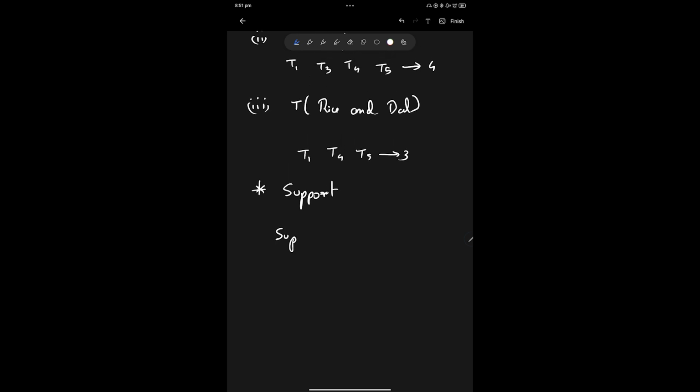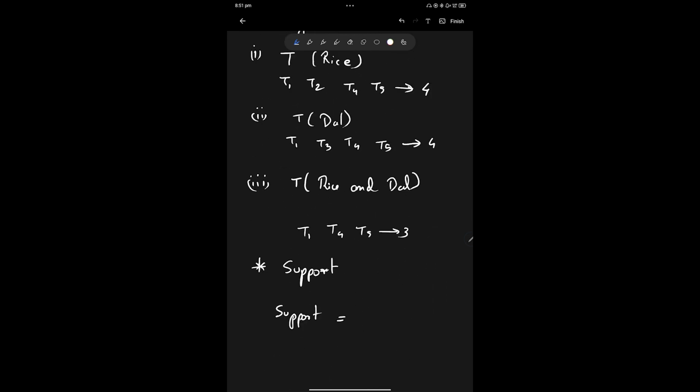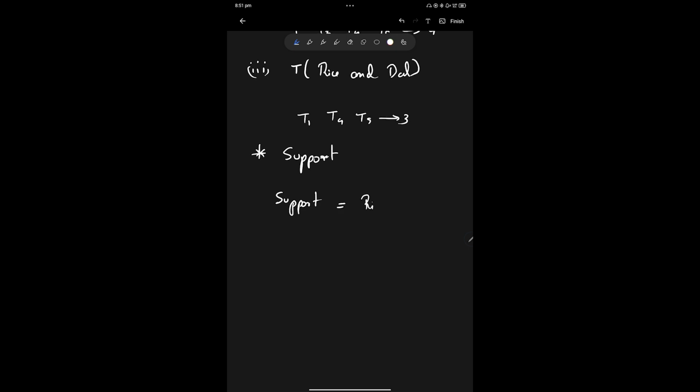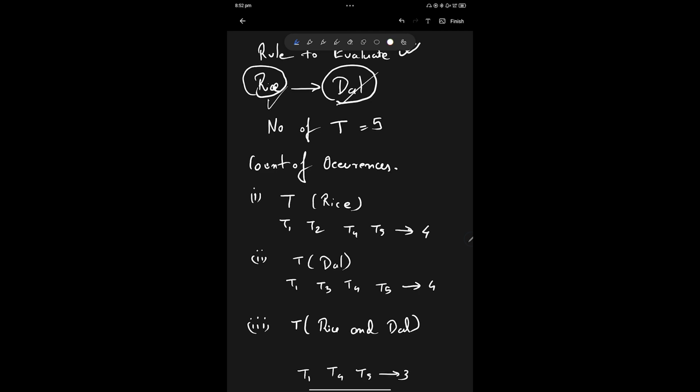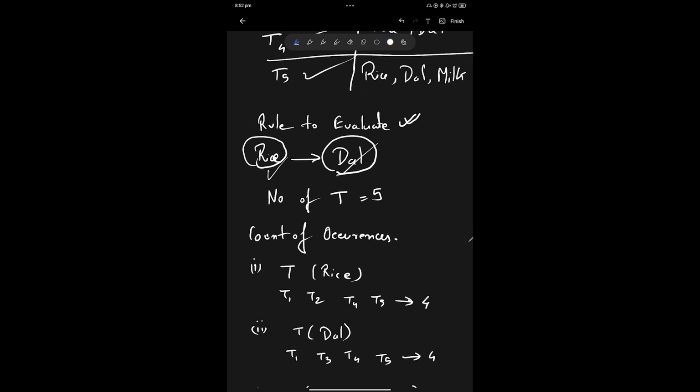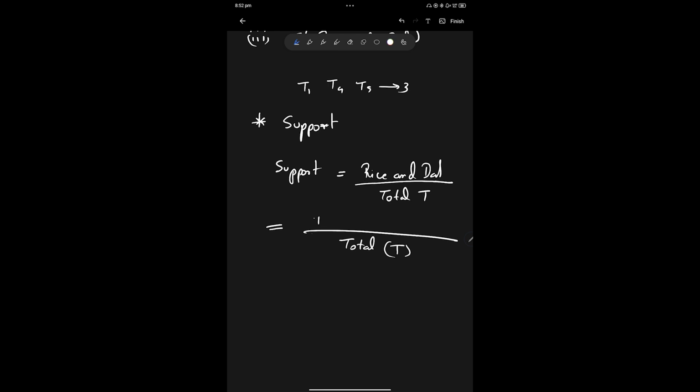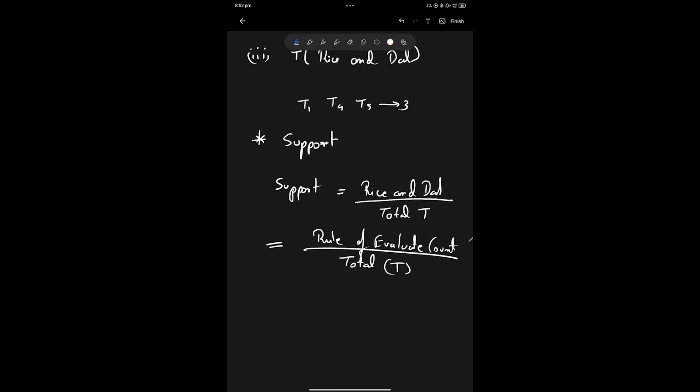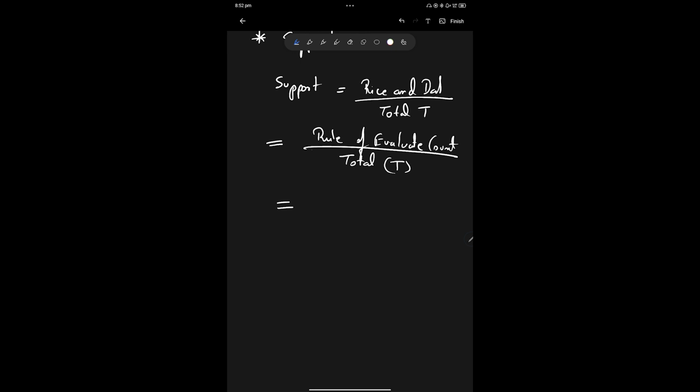Support is equal to the rule to evaluate, which will have rice and dal both, divided by the total number of T. So here we write it as the count of the rule to evaluate divided by the total count. In the rule to evaluate, what is the value? We got 3, right? So we can write 3.